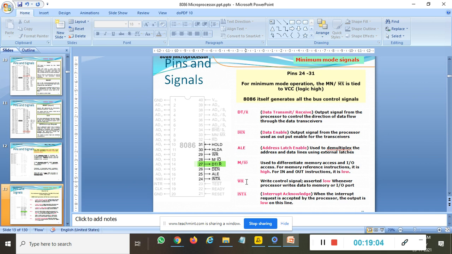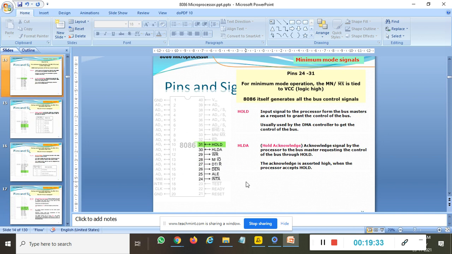So when the interrupt request is accepted by the processor, the output of this line is low, and during this time the INT signal is sent.